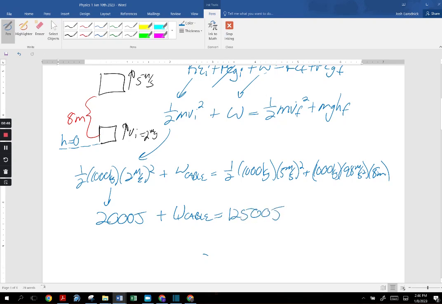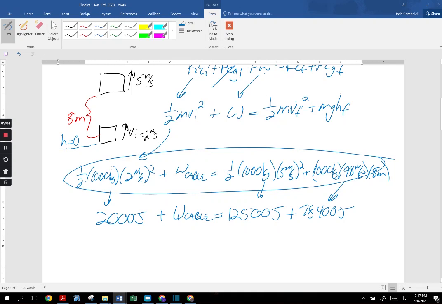And this is going to be 78,400 joules. So do each section, because these problems are going to get really difficult, and it'll allow us to better find your mistakes, because if you just go from this thing to an answer, we'll never figure out what you did.